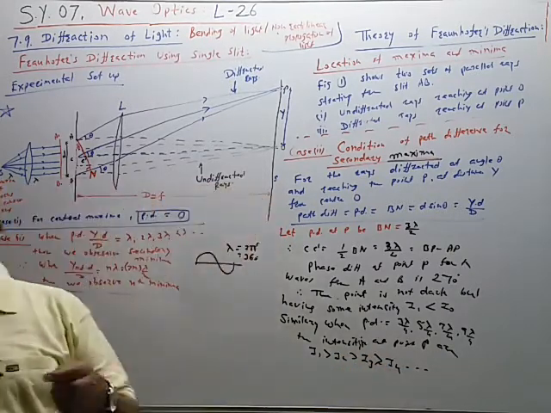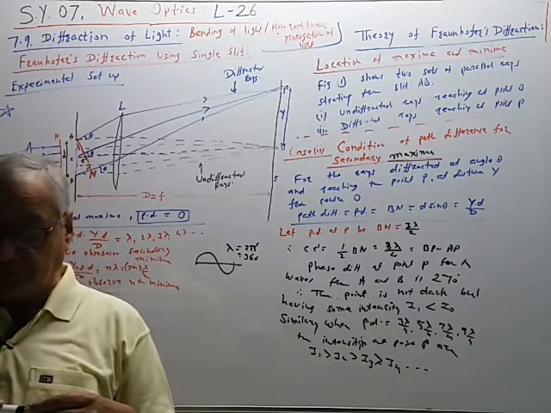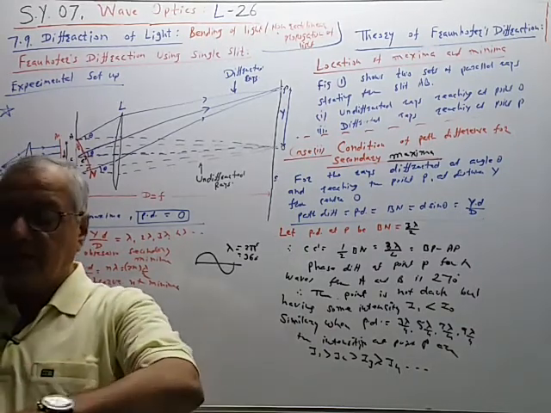So intensity continuously goes on decreasing. So these are the conditions of path difference.